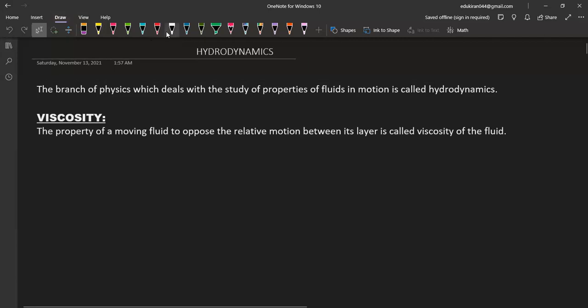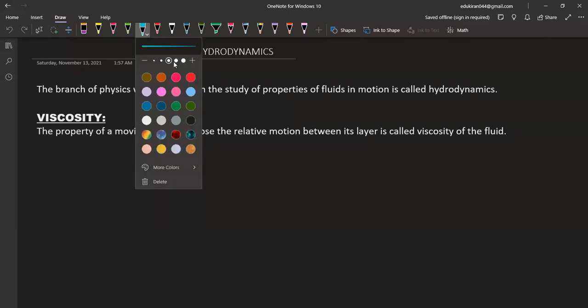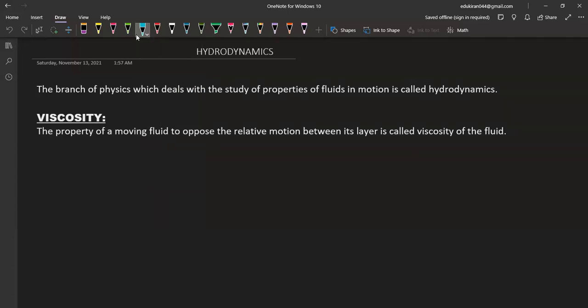The first thing that you have to understand, that friction force we have studied. So here we'll be talking about fluid in detail now because we are talking about its motion. The branch of physics which deals with the study of properties of fluids in motion is known as hydrodynamics. Now see.